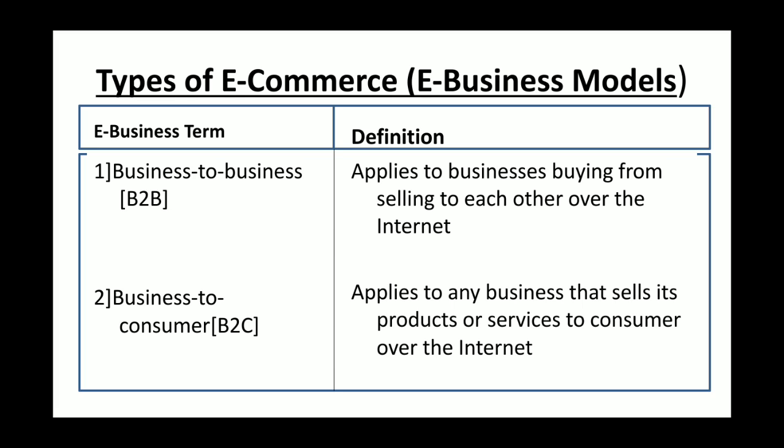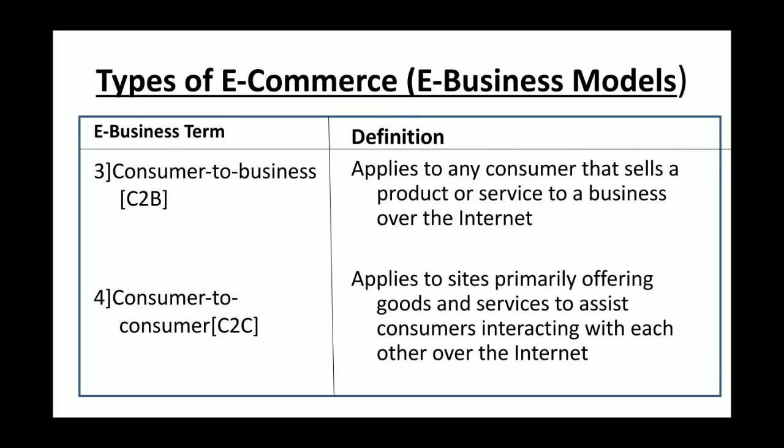Like you are the consumers, you are the customers, purchasing different products from different online websites. Examples we have already learnt: Amazon, Flipkart, Snapdeal. From those different sites you are purchasing goods and getting services from them. That comes under business to consumer.